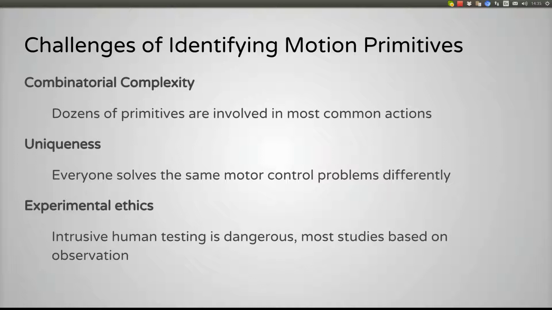The main thing is that it's very difficult to unpick those dozens of different primitives involved in a particular action. The second point is that everyone is probably solving these motion control problems differently, so we don't really know which motion primitives people are going to use, and we also suspect that everyone's motion primitives are different. The other problem is experimental ethics. If you want to do the same thing as what they were doing to the rat in the previous slide, it's going to be dangerous, so most studies are based on observation.